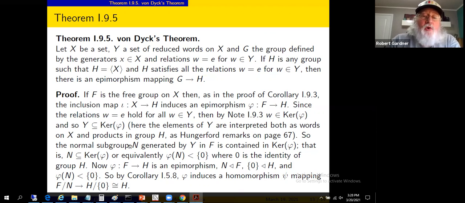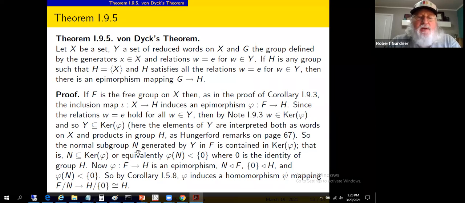When we speak of a normal subgroup generated by a set of elements in a group setting, that's simply the intersection of all normal subgroups containing that set of elements. That's the definition of normal subgroup generated by a set of elements, actually quite similar to just the regular old subgroup generated by a set of elements in a particular group setting.